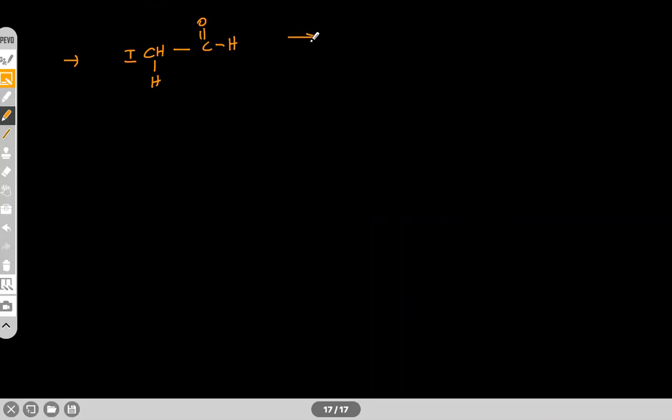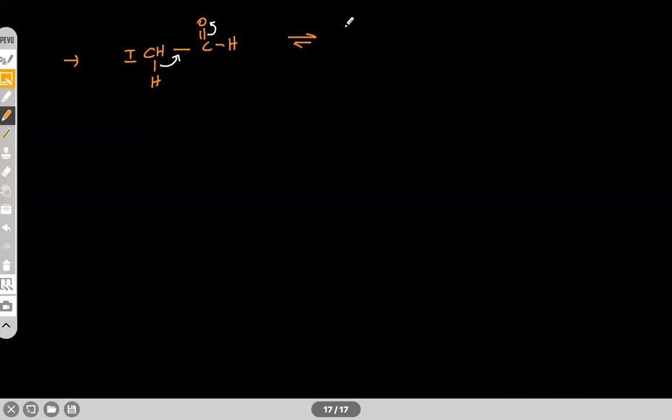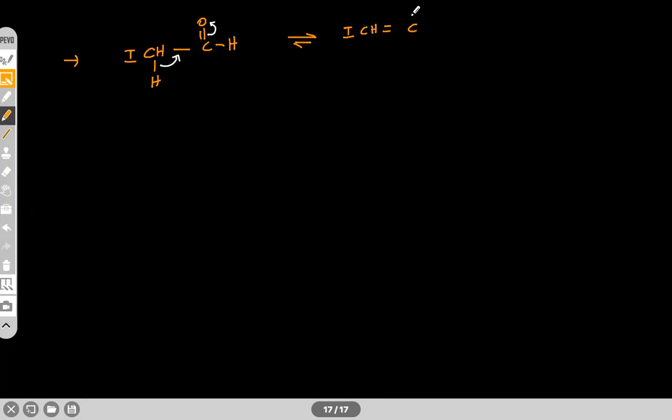We can further consider the tautomer of it. This comes over here, this comes over here, it takes this hydrogen and it converts into CH double bond COH and H. Clear?